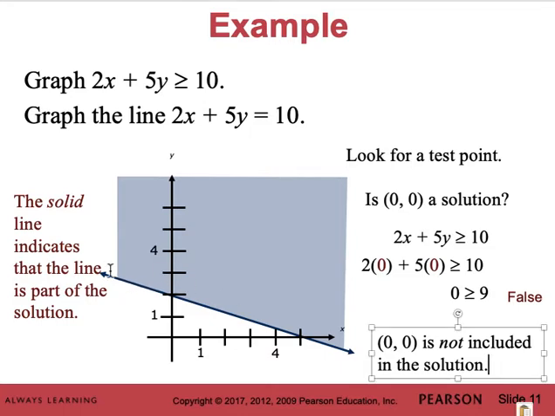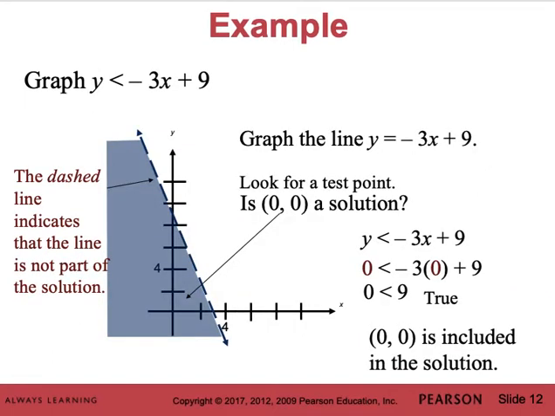It would have to be everything above the line. Since 0, 0 is below the line and is not included, the shaded region should not be below. The solid line indicates the line is part of the solution, and then we have to figure out what else is part of the solution. It'd be everything above our line.